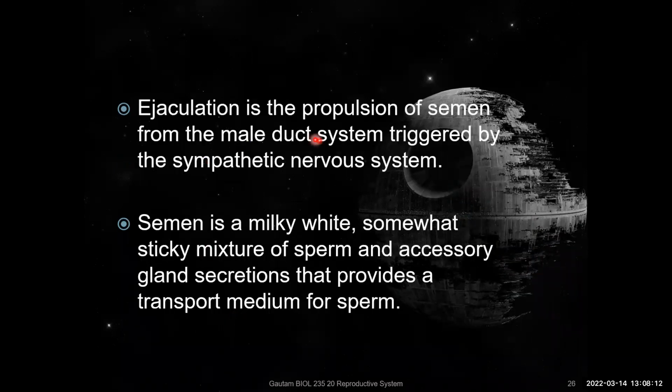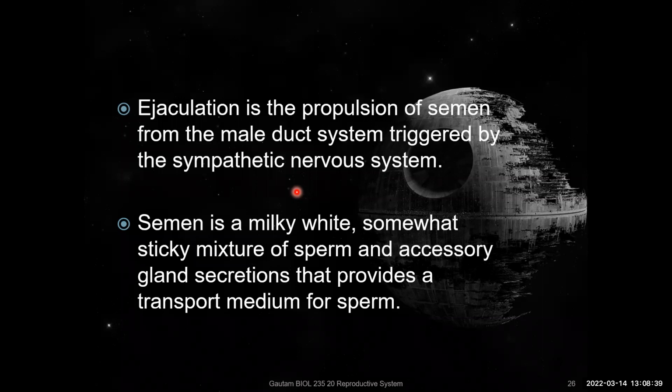So what is ejaculation? That's the propulsion of semen from the male duct system, so from the urethra, right? This is going to be triggered by the sympathetic nervous system, which is going to cause contraction of the smooth muscle around the vas deferens. That contraction is going to cause pressure to go up, and therefore you have this ejection.